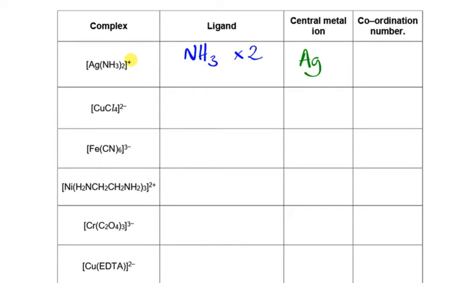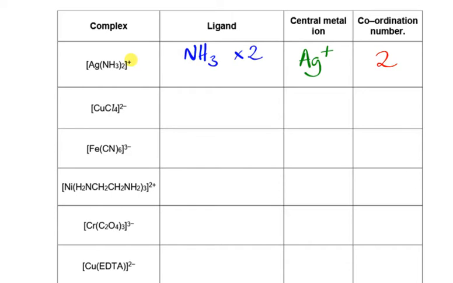The ammonia molecules themselves have no charge, which means that that charge must come solely from the silver. For the coordination number, we just have 2 ammonias, each coordinating once to the silver, so the coordination number is 2.